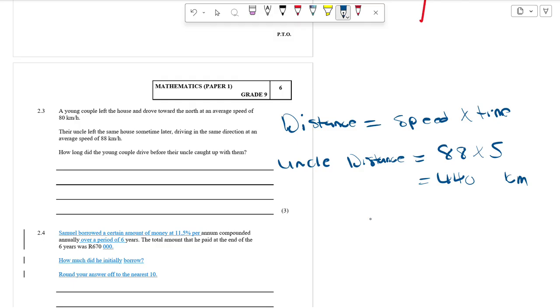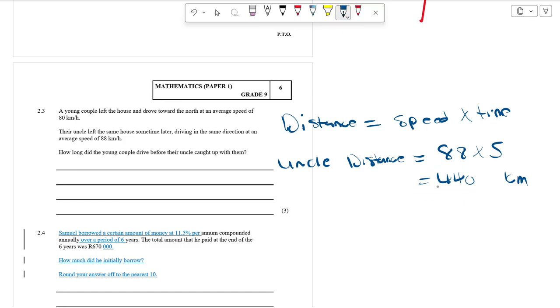Okay, and then what are we going to do here? If we want to know the time that the young couple left with, we want to see how long it will take them to cover 440 kilometers.